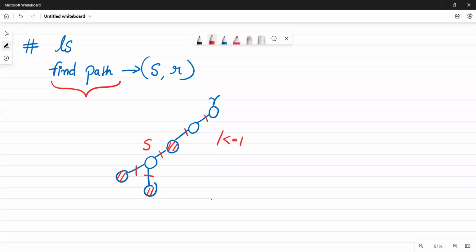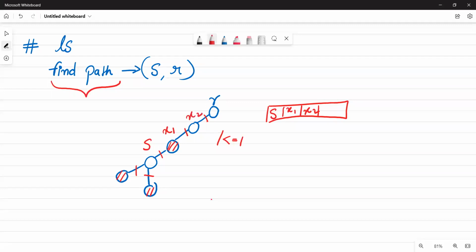We already have a find path function, which finds the path from the root node to any specific source node, right? So you can find that, and see how many nodes are coming up in your list. If you find it, you will get here source, then x1, then x2, and this is root.